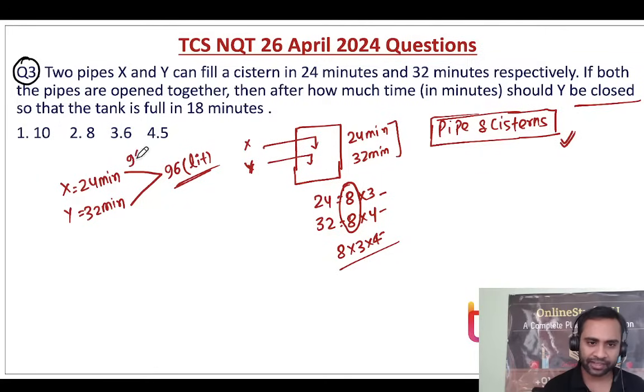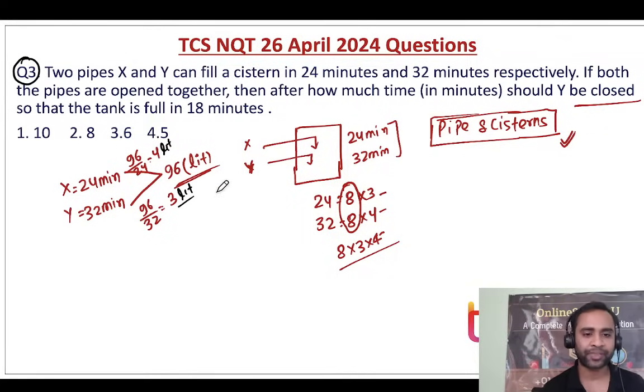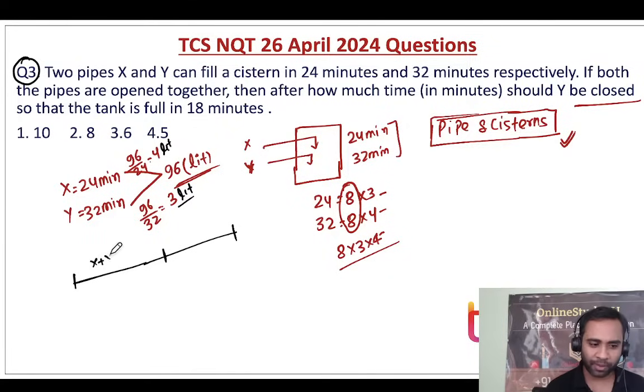Now 96 by 24, it is 4 times, and 96 by 32, it is 3 times. That means X can fill 4 liters of water in a minute and Y can fill 3 liters of water in a minute. Now they are telling us that both taps X and Y were opened, but after some time we need to close Y. That means only X will work, and the total time taken to fill the tank is 18.